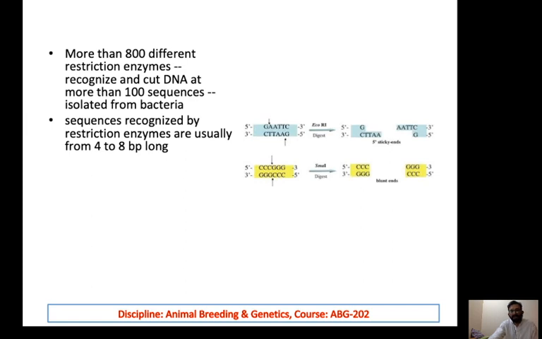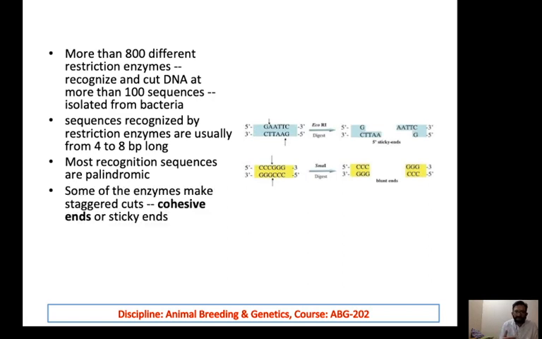Now sequences recognized by restriction enzymes are usually 4 to 8 base pairs, and generally it's 6 base pairs. Here on the right side you can see such an example. Most recognition sites are basically palindromic, meaning the plus and minus strands of the DNA are complementary to each other, and their sequences are palindromic.